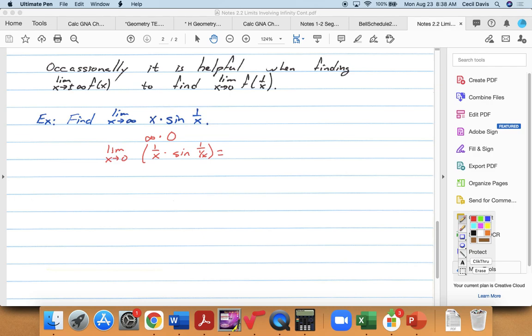That would be x. So that's the limit as x goes to 0 of 1 over x times sine of x, which you might recognize better if you rewrite it as the limit as x goes to 0 of sine of x over x. It's equal to 1. Very good.